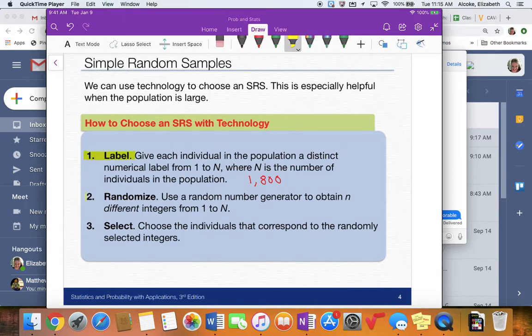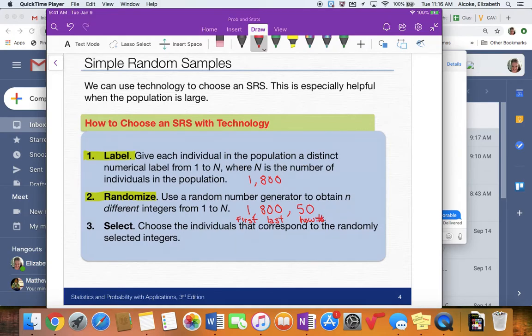Then I can randomize, which uses a random number generator to obtain n different integers. So if I went from 1 to 800 and I wanted to select 50, this is the first person, this is the last person, and this is how many to select.